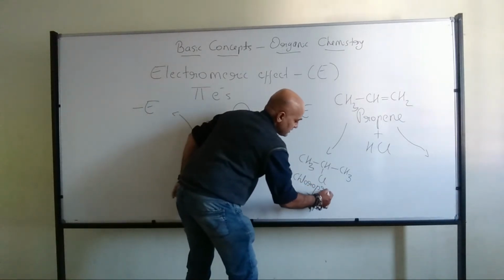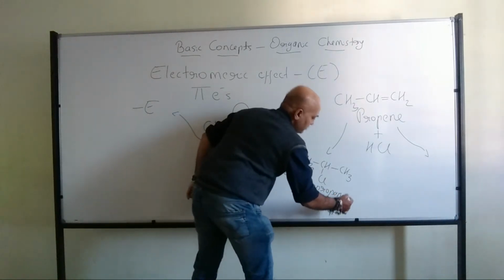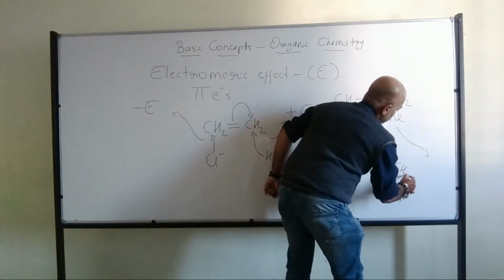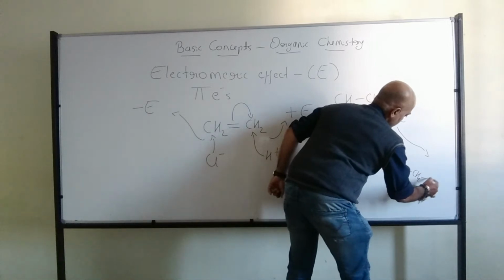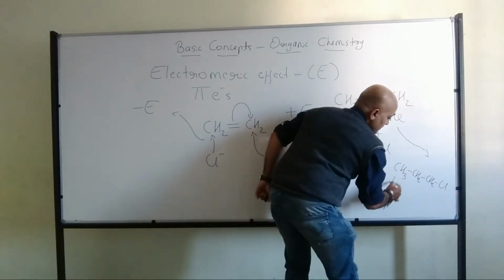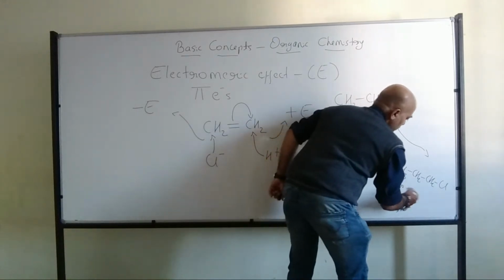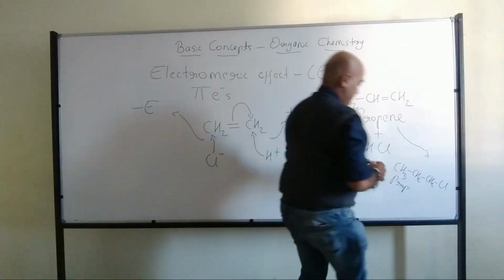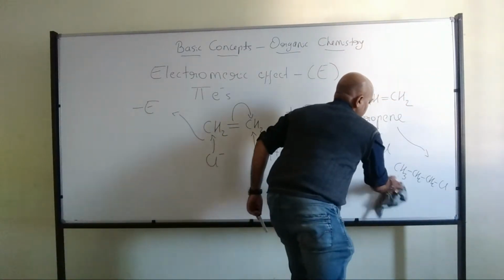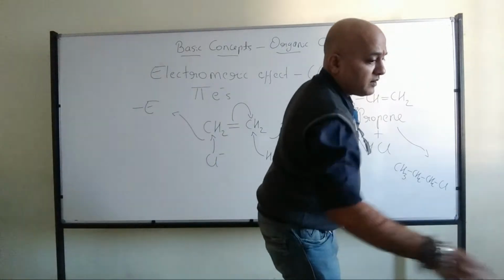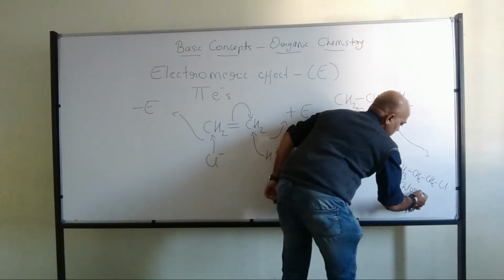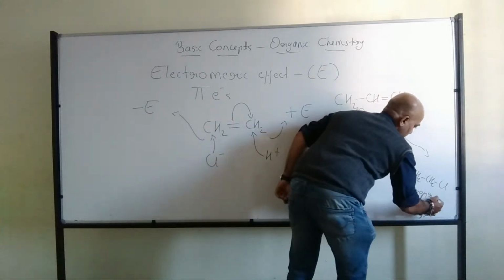Another product can be CH3-CH2-CH2-Cl, that is propyl chloride or 1-chloropropane. We can simply write it as chloropropane, but I will make it specific: 1-chloropropane.